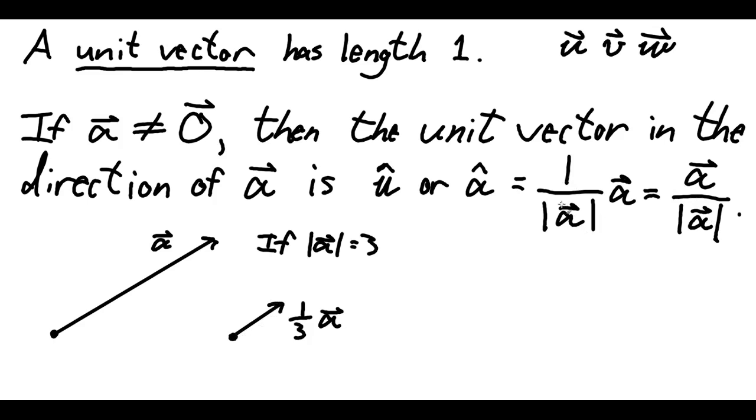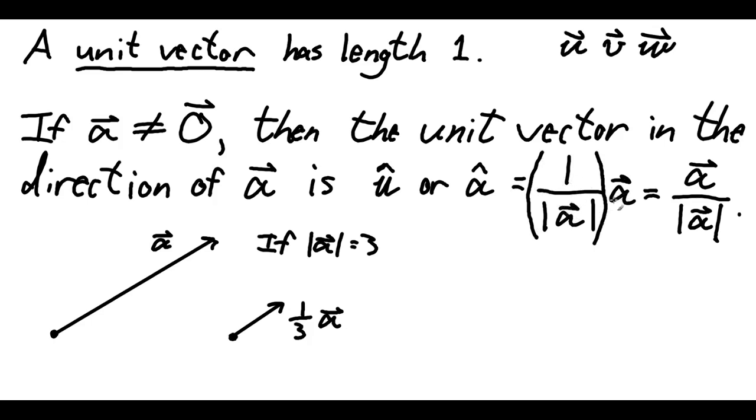So that's what we're expressing here. Remember that the magnitude of a vector is going to give you a real number. It's just its length. So this quantity right here, a little difficult to squeeze in. Let me see if I can make that look a little bit better. There we go. This quantity right here is a scalar, right? And it is the reciprocal of the length of A. Whatever the length of A is, if you multiply that by its reciprocal, you get 1.